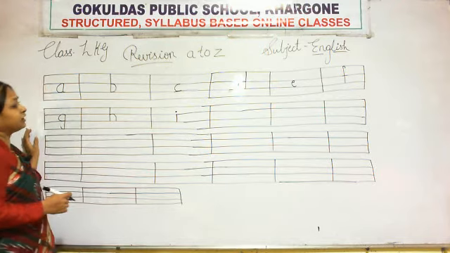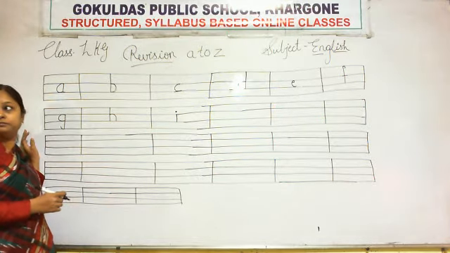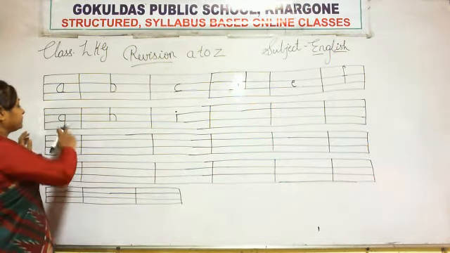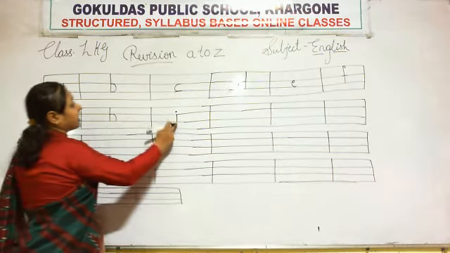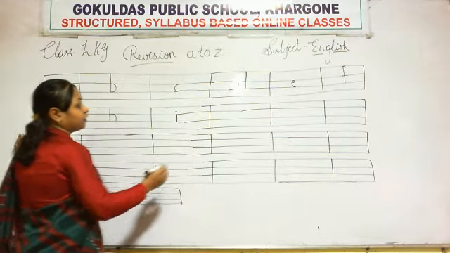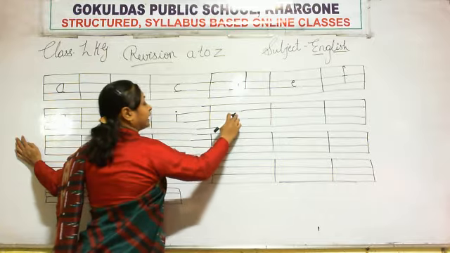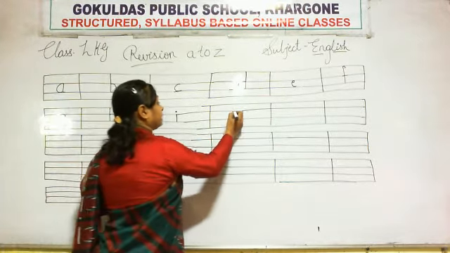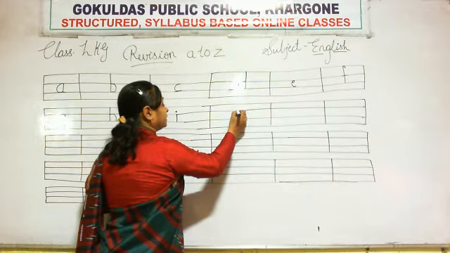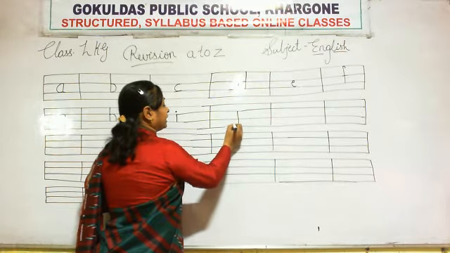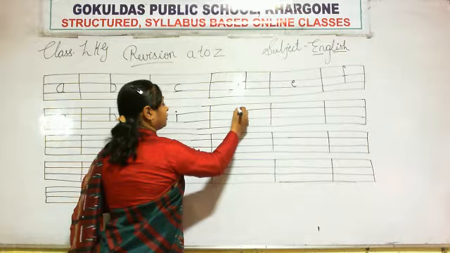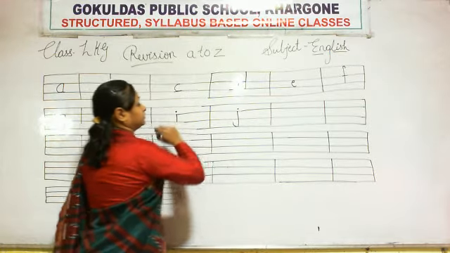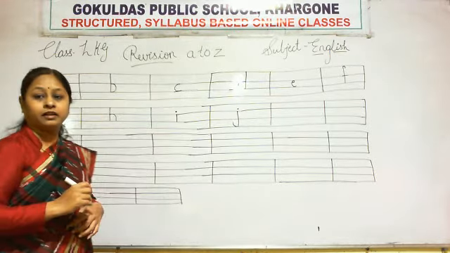Now after I, which letter will come? J. G, H, I, J. How will you write j? You will start writing j from here, from the middle line, standing line, and then curve, and one dot on top. Okay?